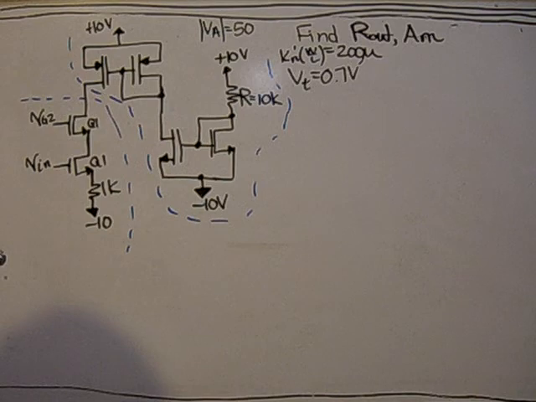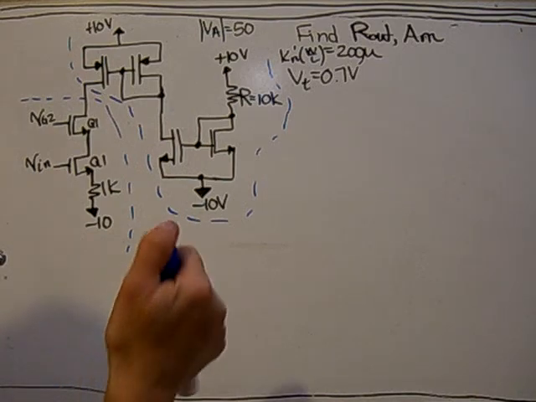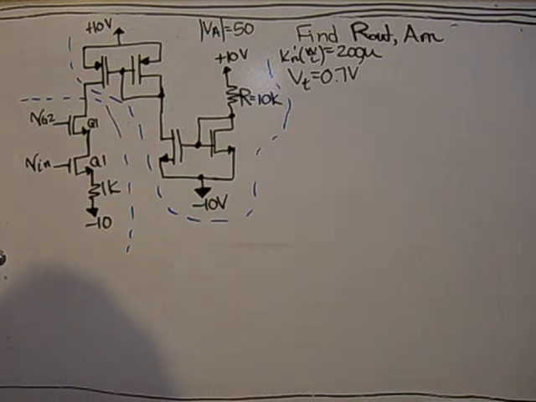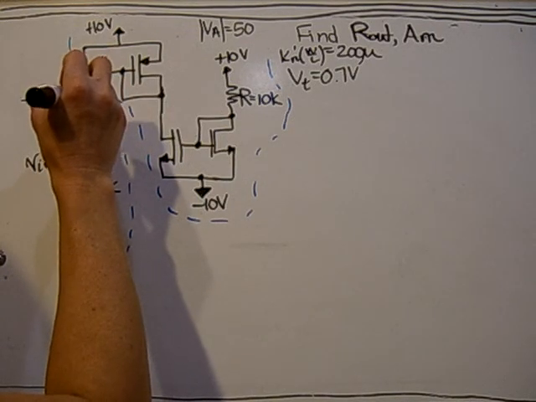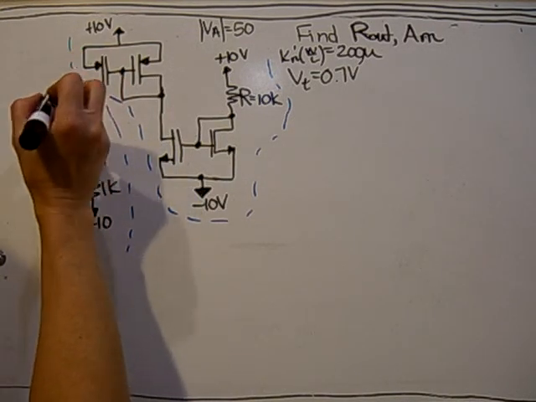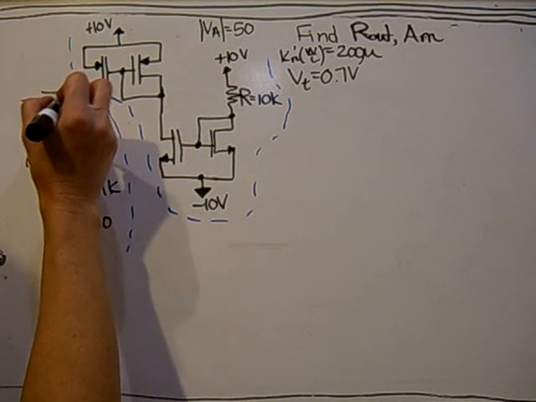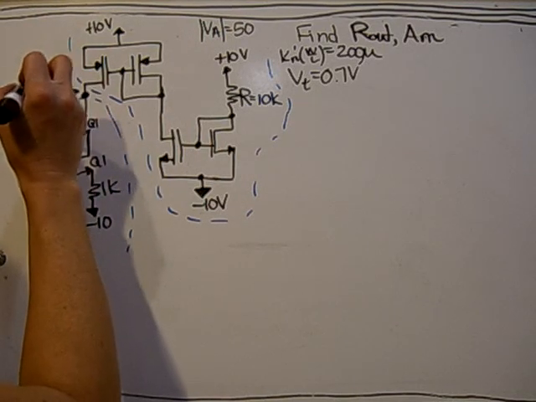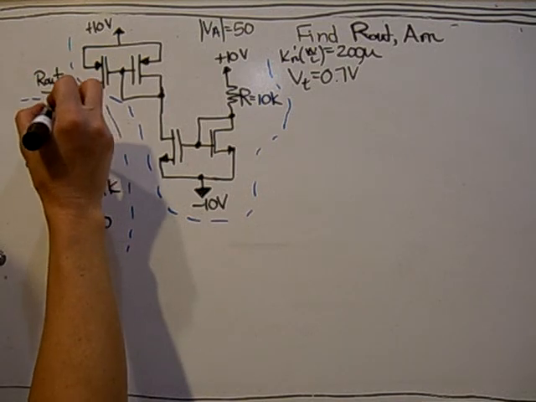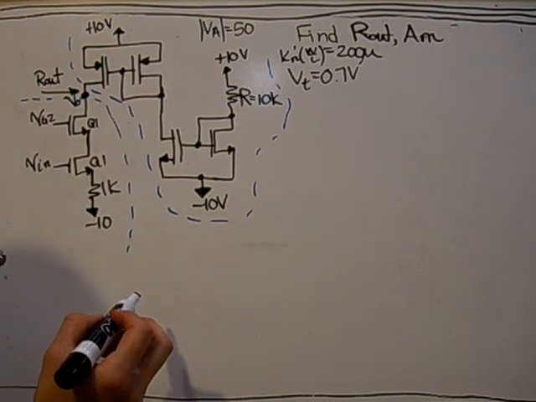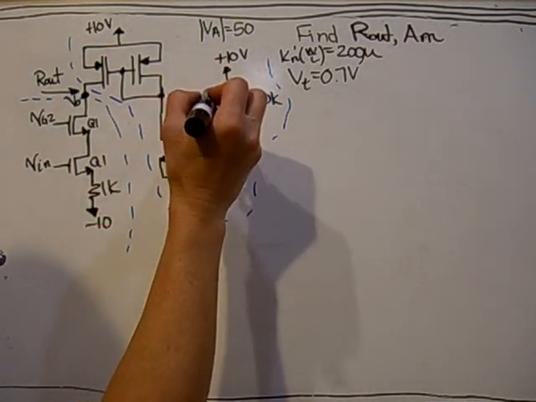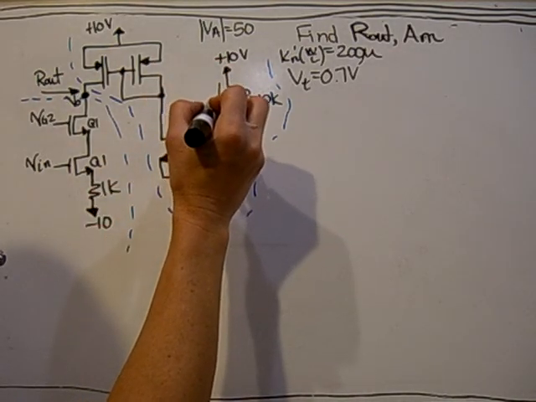The parameters for the MOSFETs are given, and then you need to find R out, which is located here, and the midband gain, which is the same location, VO over VN. So first we need to find the current I.